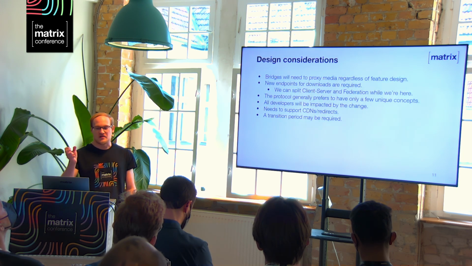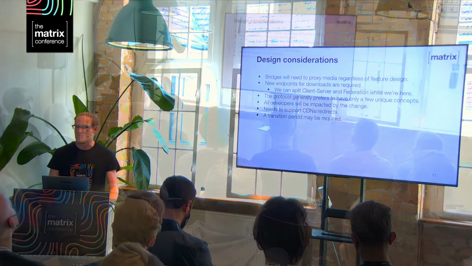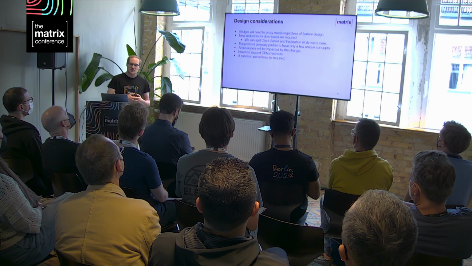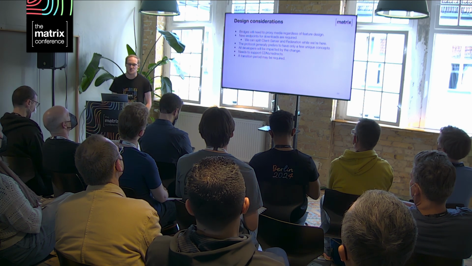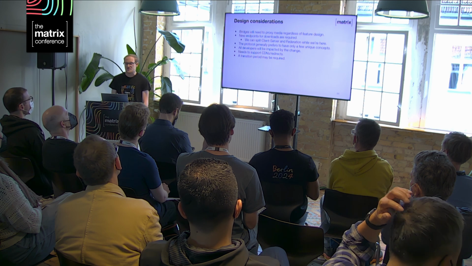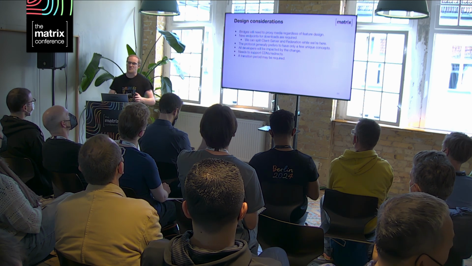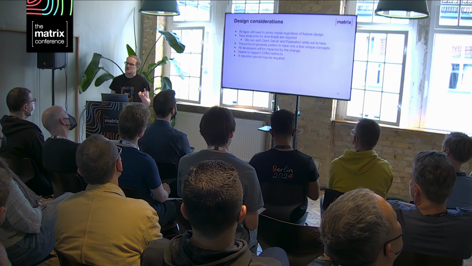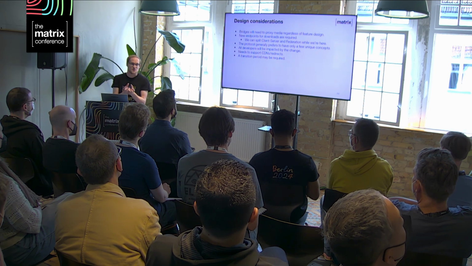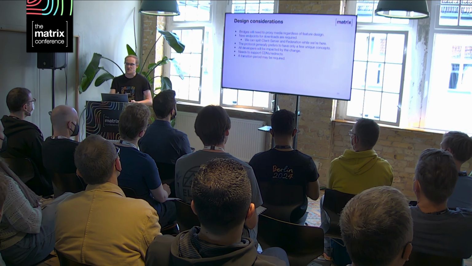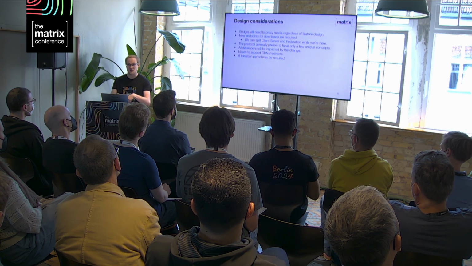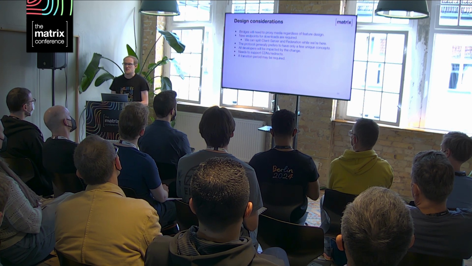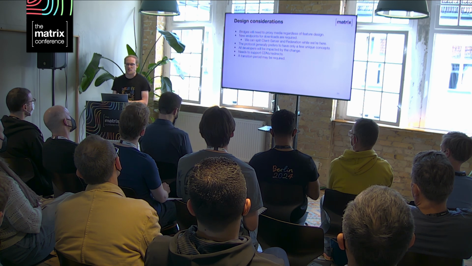So overall, bridges need to just do something regardless of how we design this feature. They always need to be able to have a super long-lived URL, and so they need to typically proxy the media. The way that we've done this with the bridges on matrix.org is the bridge itself has a media proxy feature where it sees the media URI. It then creates a URL that points to itself rather than points to the server, and presents that out to the third party, whether that's IRC or Discord or wherever else.